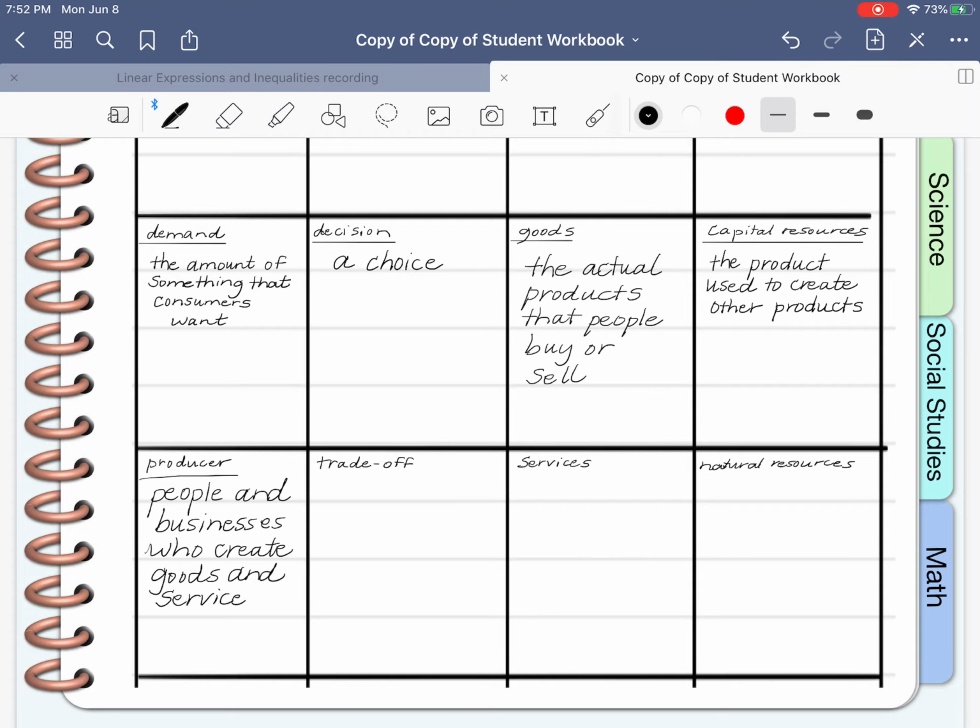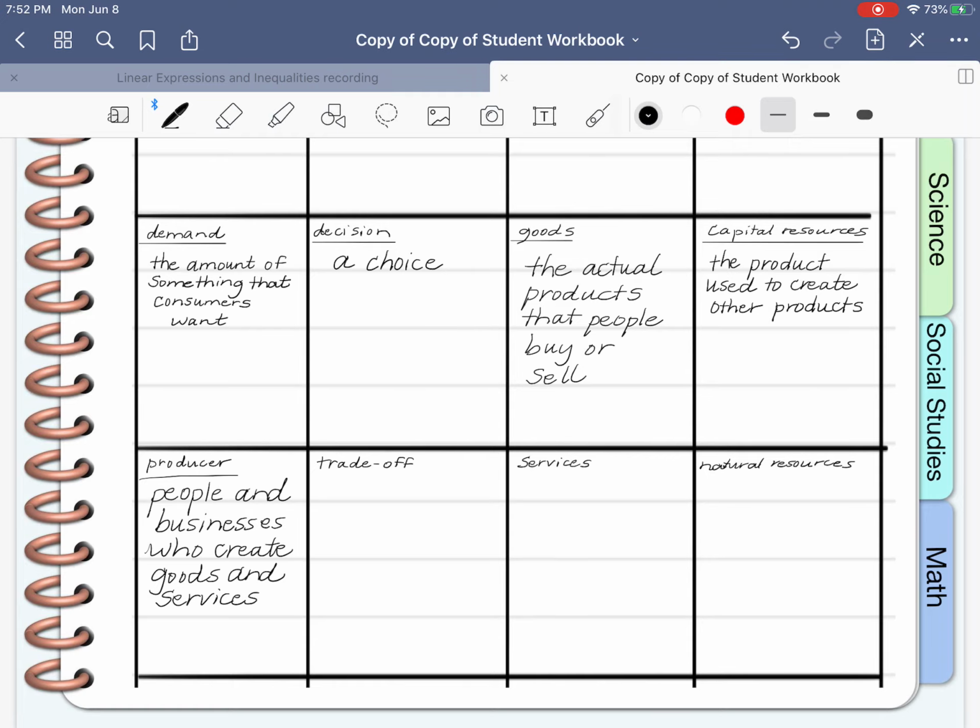If you think of a restaurant, the producers are the people who make the food, the farmers, the factories that produce the food. Also the chefs who cook the food are producers. They are the creators. The consumers are the users.